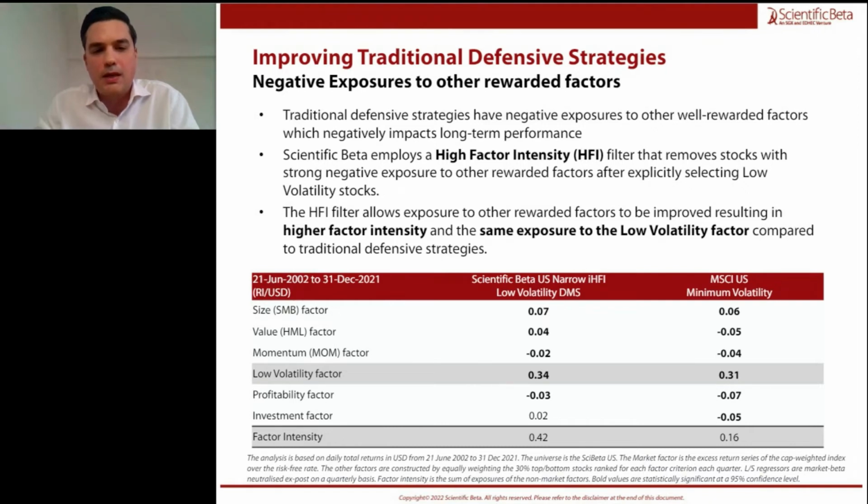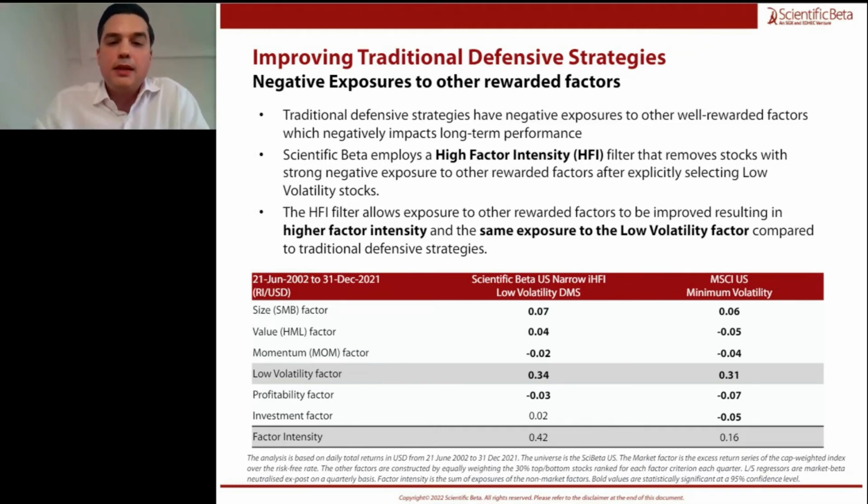And you can see here in the table that the factor intensity, the sum of these betas, is at a level of 0.42 for the low volatility strategy, which means that you are adding more beta on top of your low volatility factor. And it's much, much stronger than the factor intensity of a traditional defensive strategy.